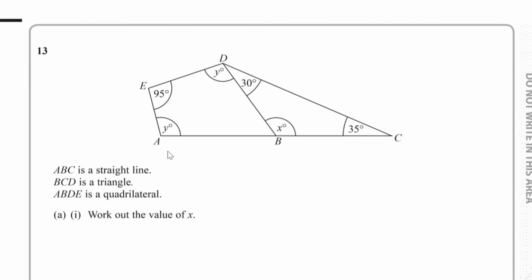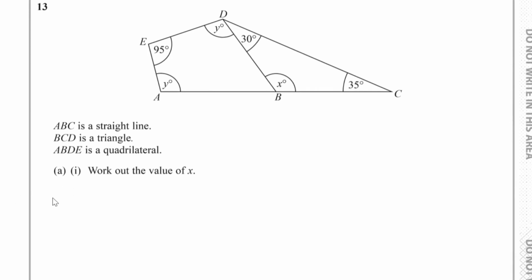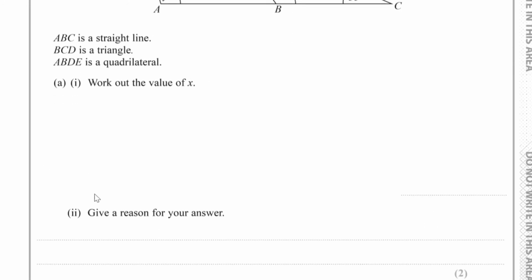Question number 13. ABC is a straight line, BCD is a triangle, and ABDE is a quadrilateral. For part A, we have to work out the value of x. Well, to find out what x is, we know that angles in a triangle sum to 180.